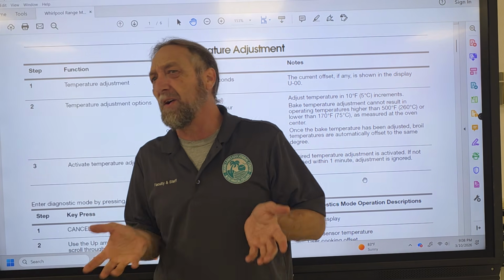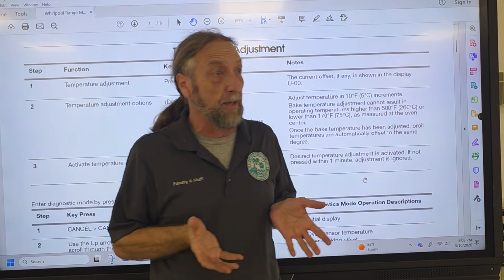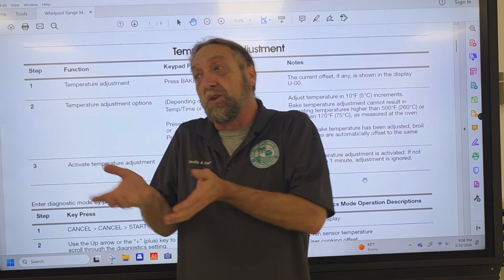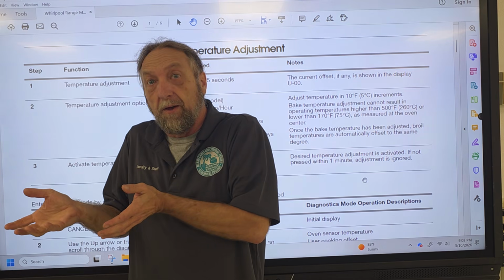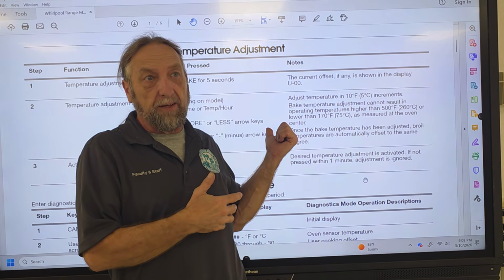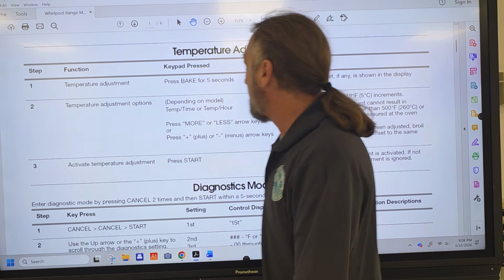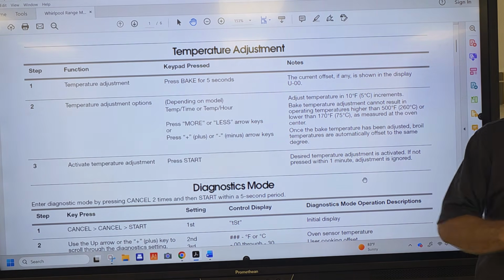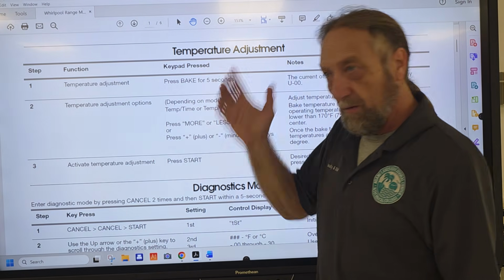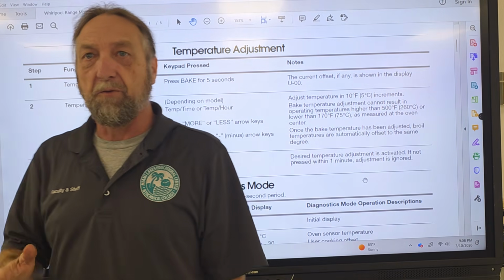And if it's within 5 or 7 degrees, it's okay. But if you're 20, 30, or 40 degrees off, there is an adjustment built in. And why am I explaining all this? Because 0, 0 means it's set at 0 from the factory.